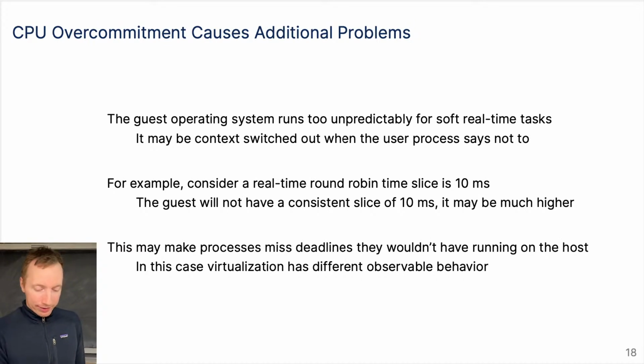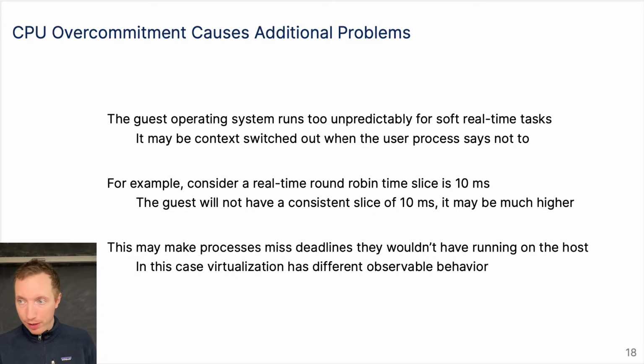So this has some additional problems, where now the guest operating system might run too unpredictably for soft real-time tasks. If you're running something on actual hardware where you're relying on your round robin to be every 10 microseconds and be very, very consistent, well, if you are running it on a virtual machine, something that previously met all of your deadlines might no longer meet them, because between your round robin ticks, you could be context switched out and then later context switched back in.